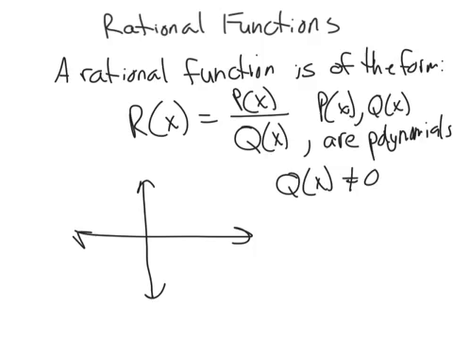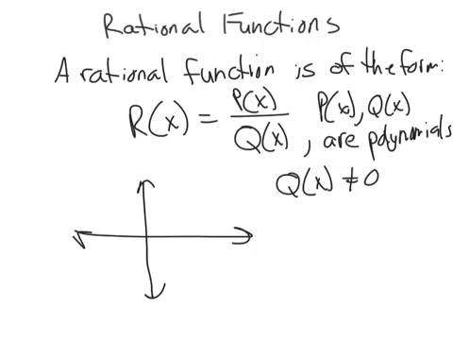So that's going to create a vertical asymptote. Now sometimes it'll be a vertical asymptote. We have something called a slant asymptote or even a hole, but all of those are a discontinuity because of the fact that we have a polynomial in the denominator.